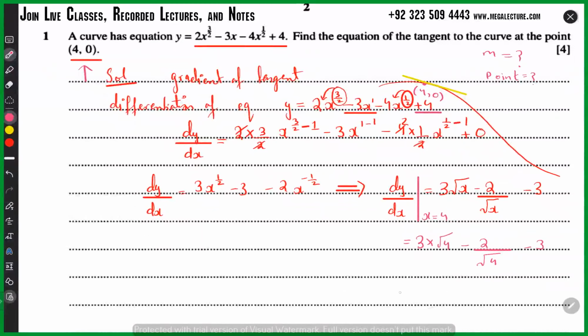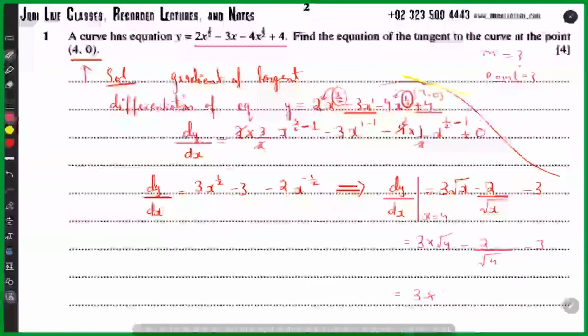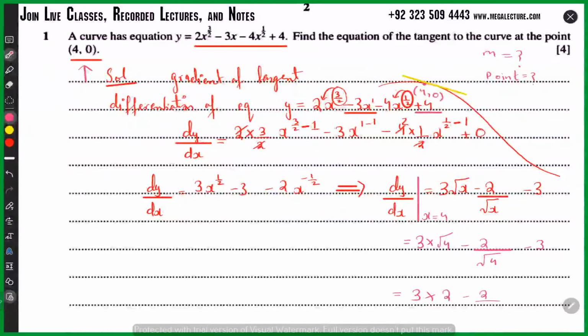Okay. And this is going to give me 3 multiplied by 2 minus 2 divided by 2 minus 3.